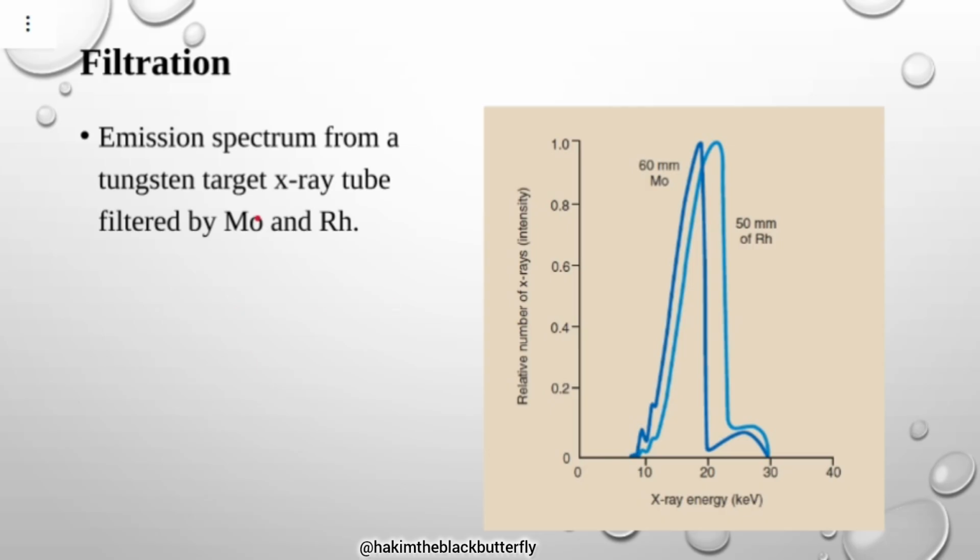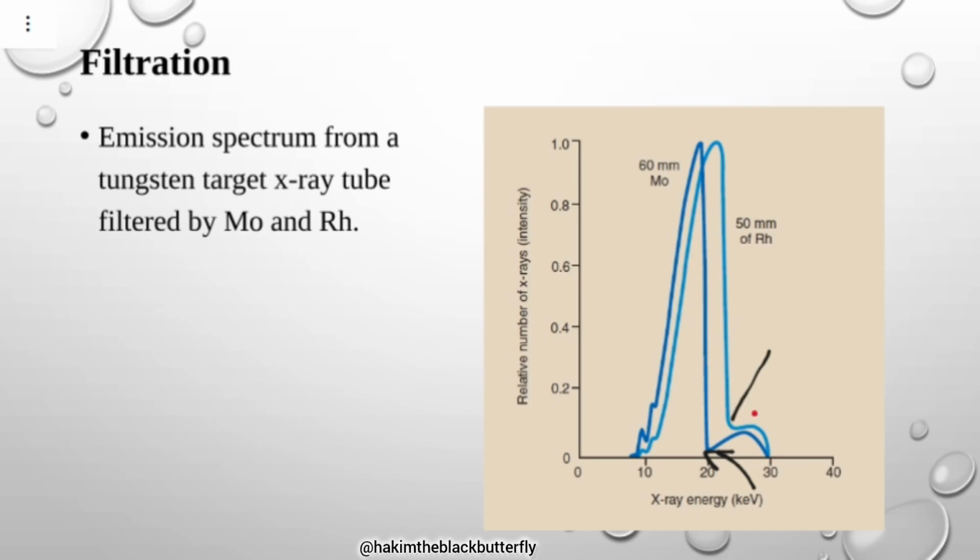Okay. Emission spectra from a tungsten target X-ray tube filtered by molybdenum and rhodium are as shown. Of course, whenever you see suppression at around 20 kiloelectron volts, that is molybdenum.